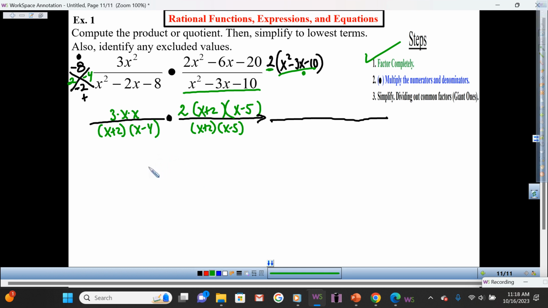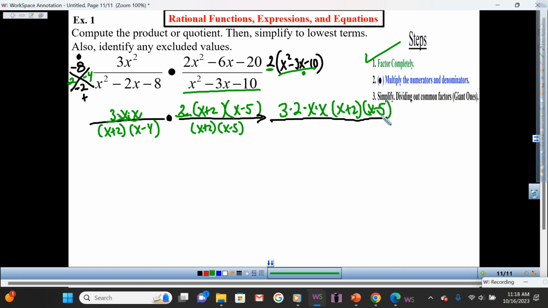Numbers first, variable second, and then parentheses or binomials third. So let's start with numbers. 3 times what? 3 times 2. Then the variables, x times x. Then the last thing, the binomials, x plus 2, x minus 5.